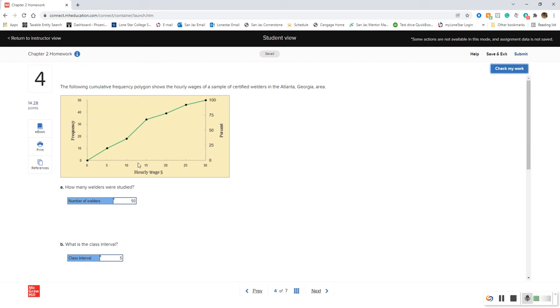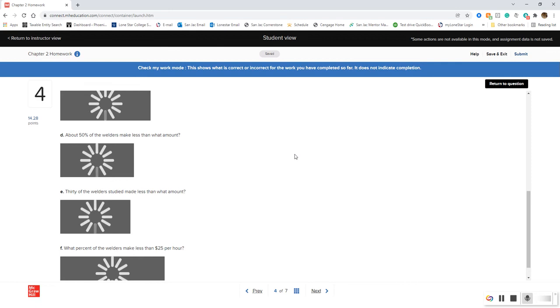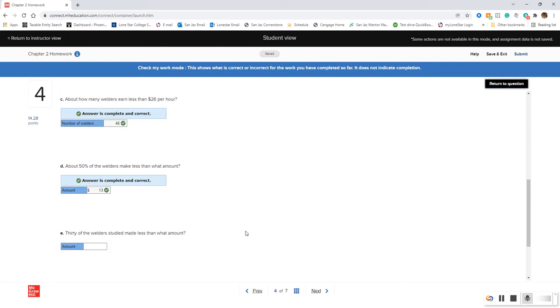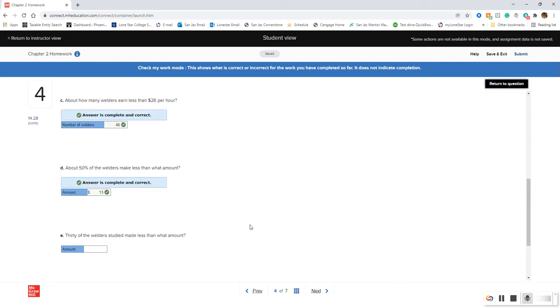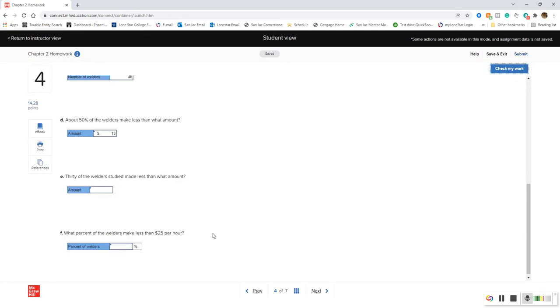So it looks like almost halfway between 10 and 15. So about 12.50. Okay, and rounded up to 13. Again, interpreting the graph.